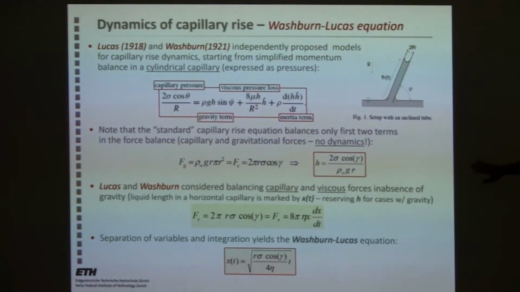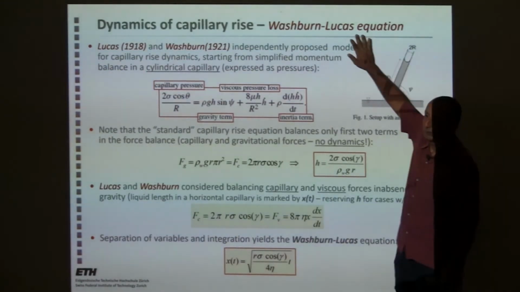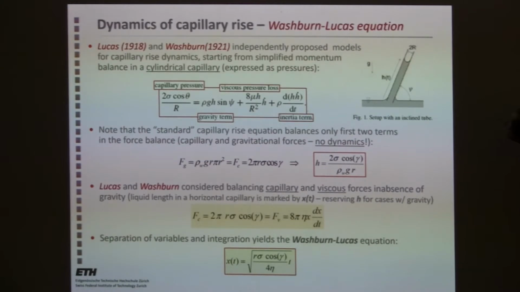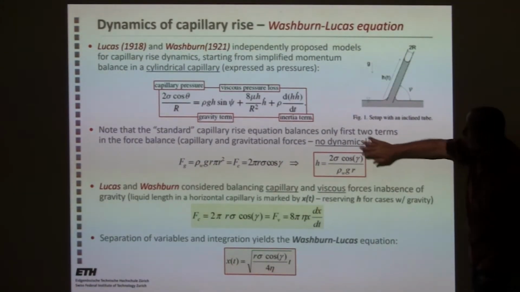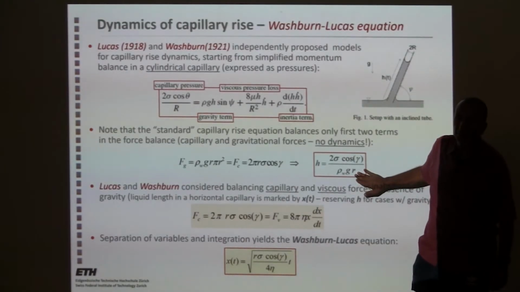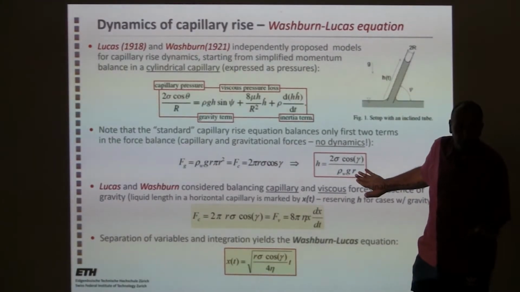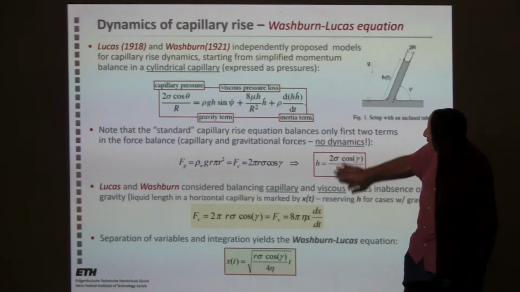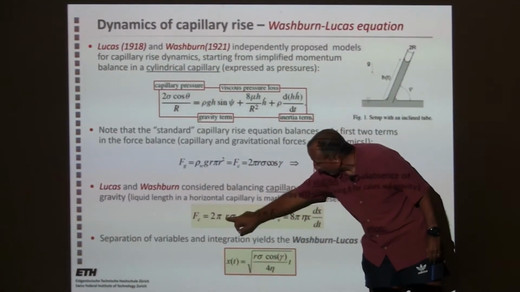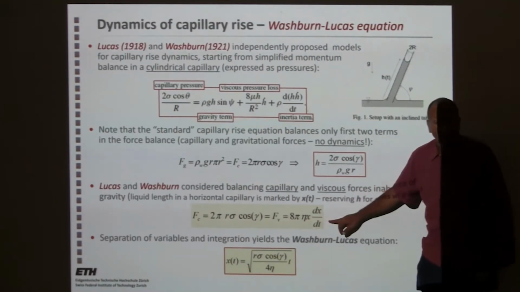Okay? So that was basically the basis behind the Washburn-Lucas equation for the dynamics of capillary rise. So far, we just balanced these two forces, and we have this classical result of capillary rise at equilibrium, no dynamics. What Lucas and Washburn did independently was to balance the capillarity with the viscous term.